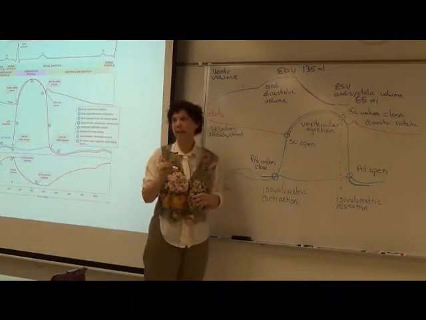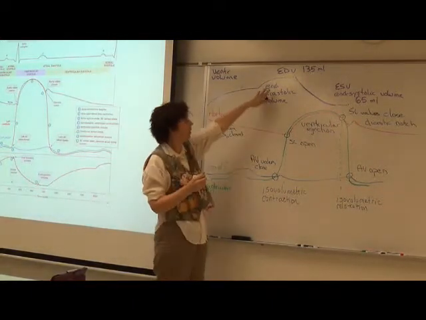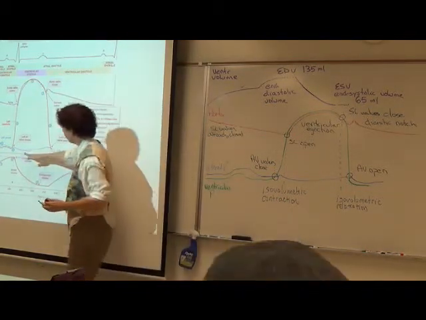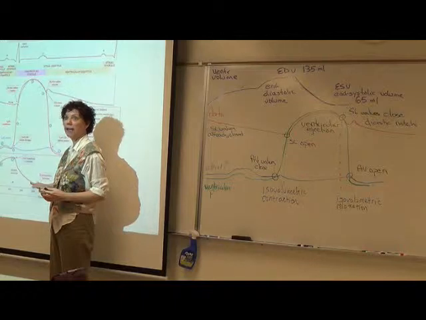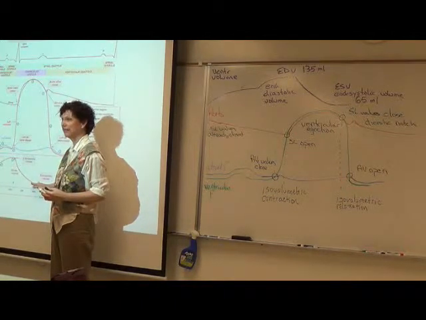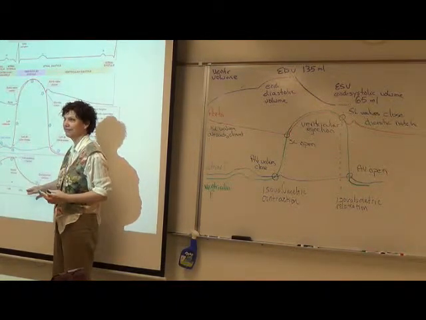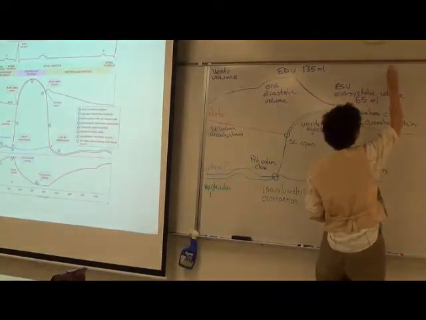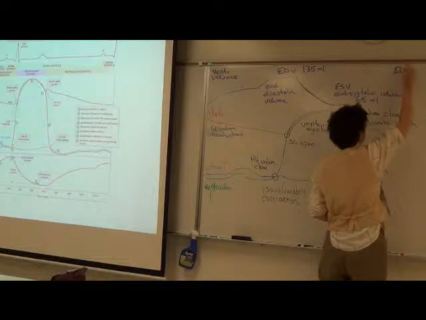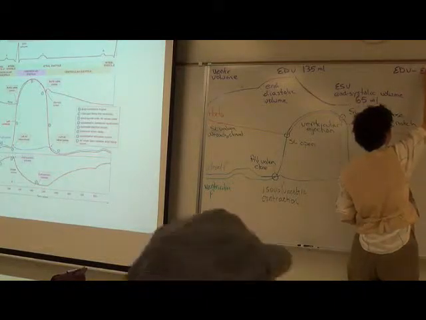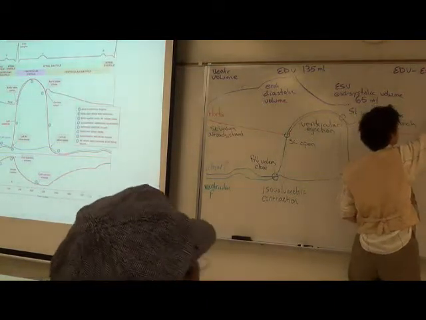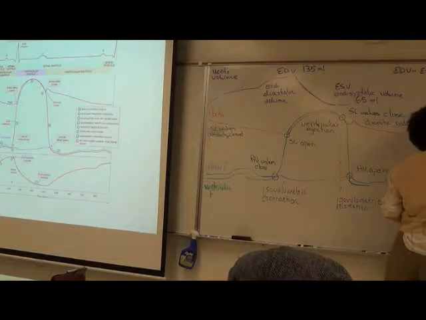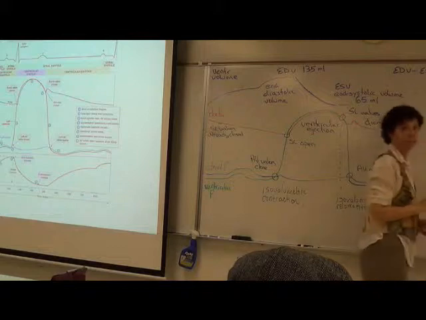So the difference between the two, 135 minus 65, the difference between this and this is the volume of blood that was pumped out by the ventricle. Does that make sense? So that volume is called stroke volume. So end diastolic volume minus end systolic volume is equal to stroke volume.